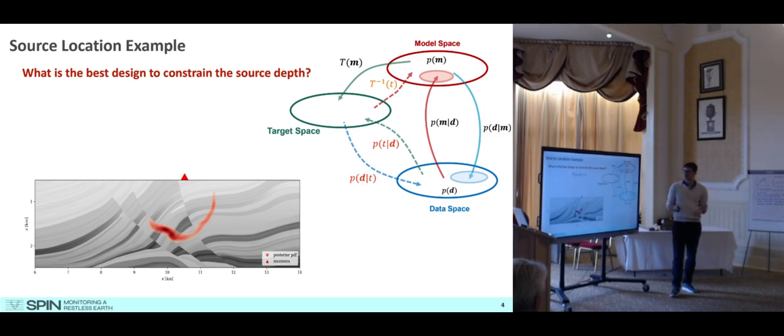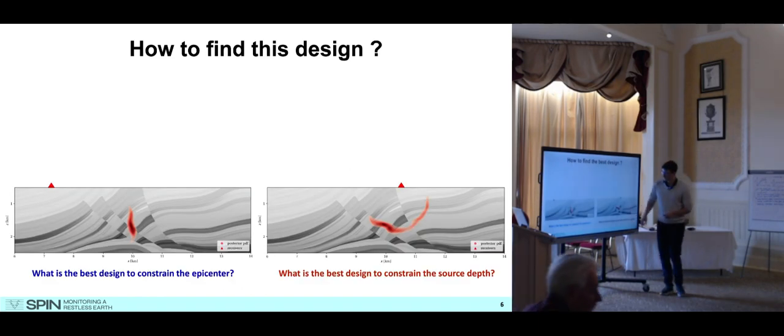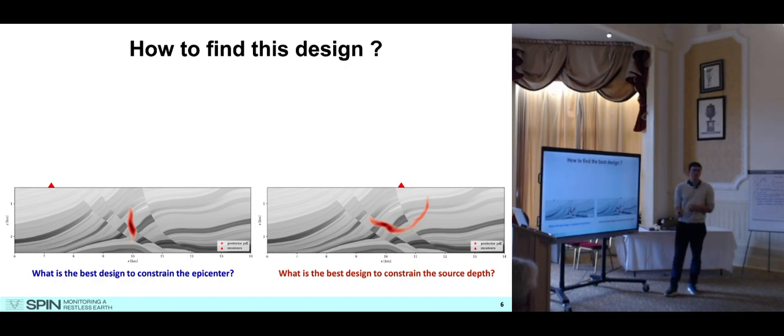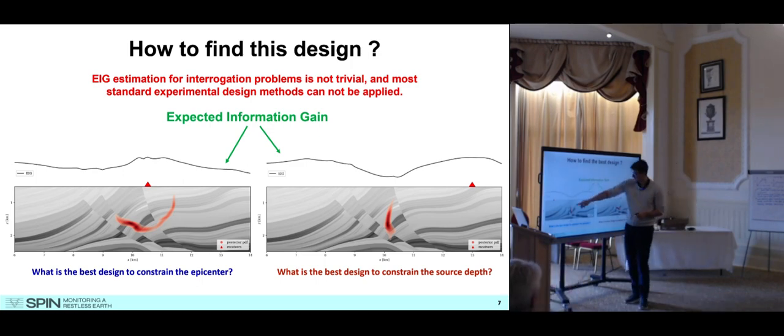And before I end, I quickly want to go through briefly how we can calculate these designs in practice. So let's again consider our 2 questions, the best design for the epicenter and the best design for the source depth. And we use a quantity so-called expected information gain, which gives us, for each design, an idea where it's good to place, in this case, this one receiver. And you can see here that for the epicenter, it's good to place it at either of the sides.